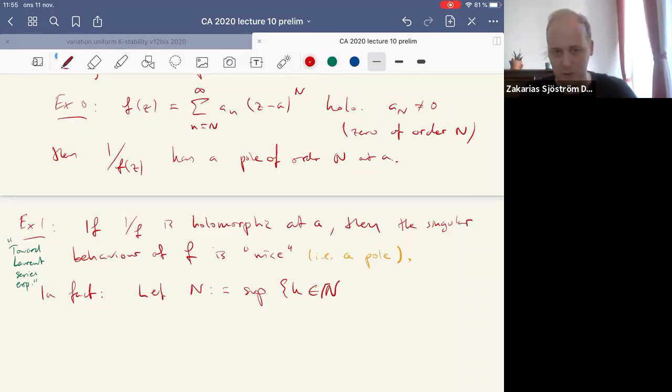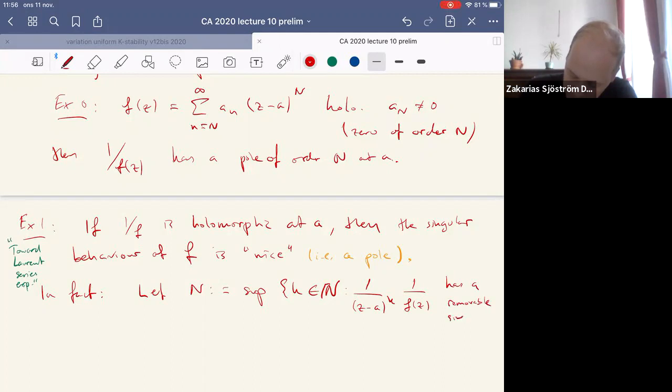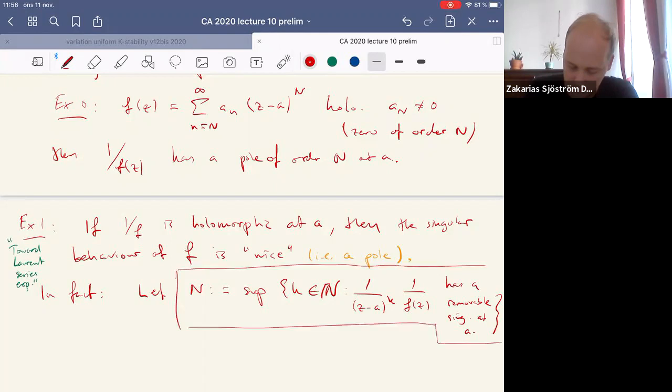I will take a small parenthesis break here to define what a meromorphic function is at some point, but otherwise this will lead to the Laurent series. So take capital N to be the supremum of all those k such that 1 over (z minus a) to the k times 1 over f of z has a removable singularity at the point a. Look at this thing here. This is an important definition.